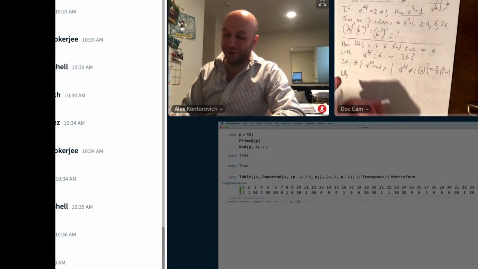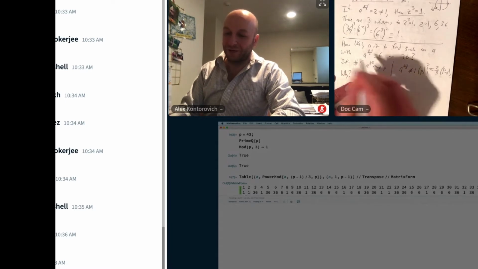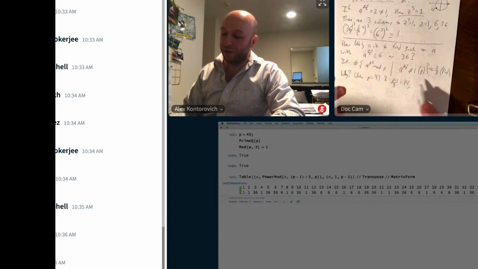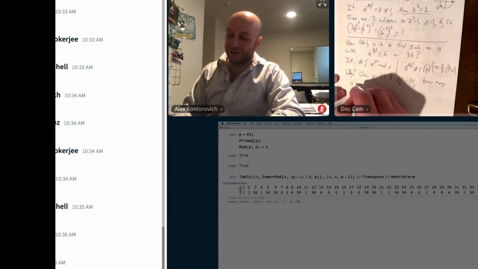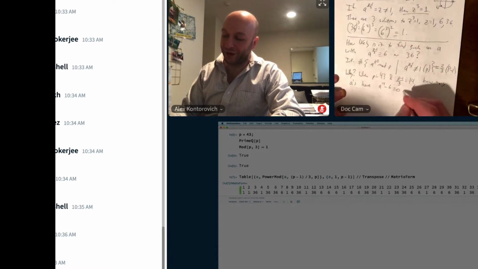Why is this true? When p is equal to 43, p minus 1 over 3 is equal to 14. We're looking at the equation: how many a's have a to the 14 minus 6 equal to 0 mod p?